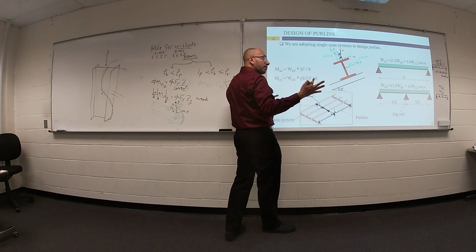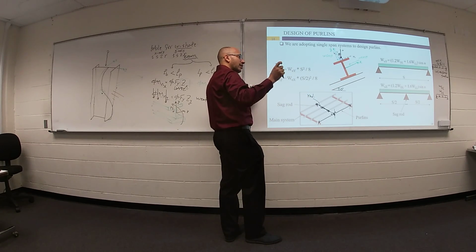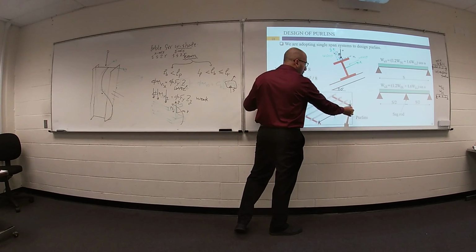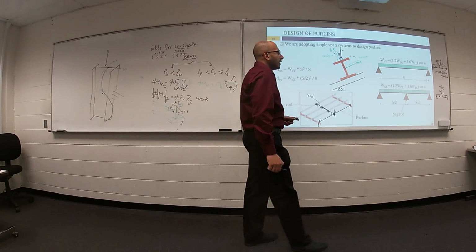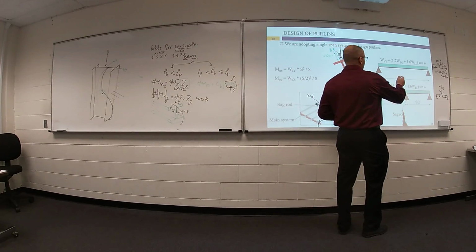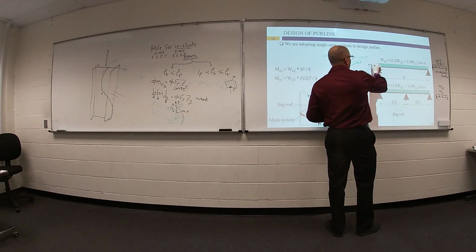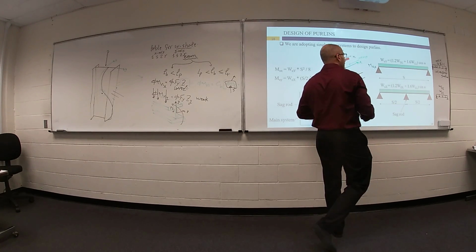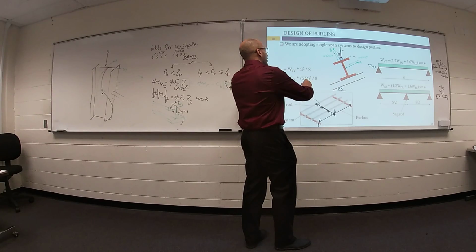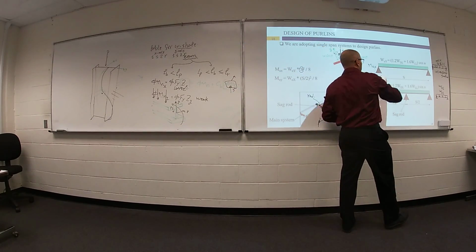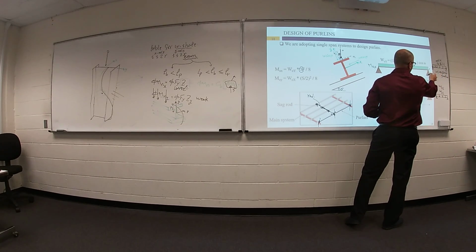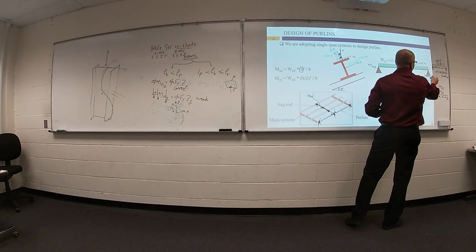But your beam around x-axis is from this point to this point. So if you are talking about M ultimate x, we are talking about the total span of your purlin from this point to this point. Remember, this support is your main system.